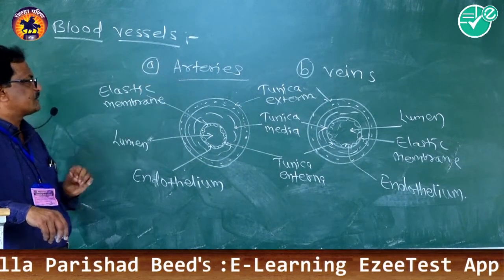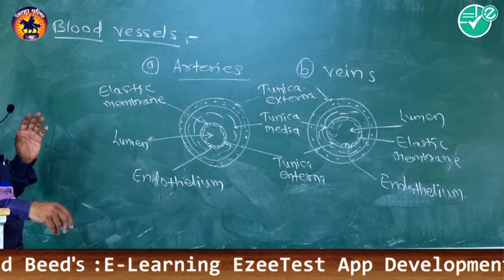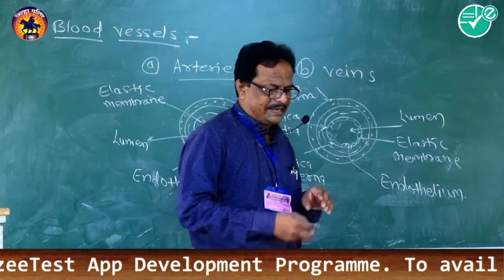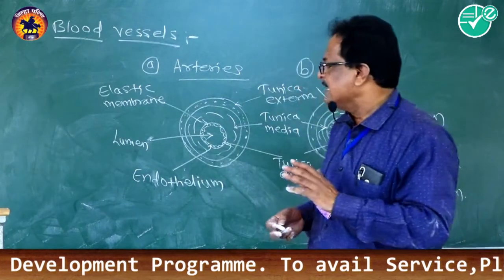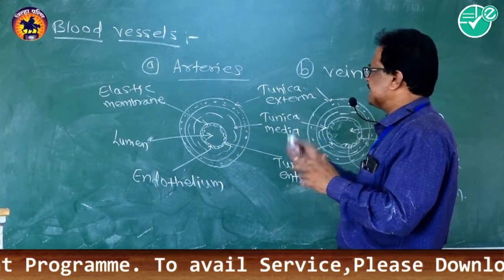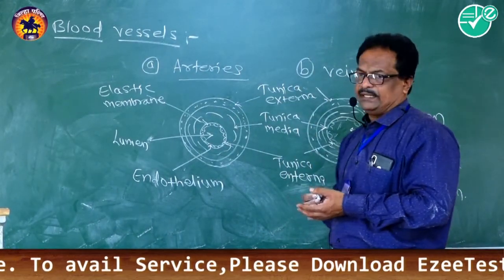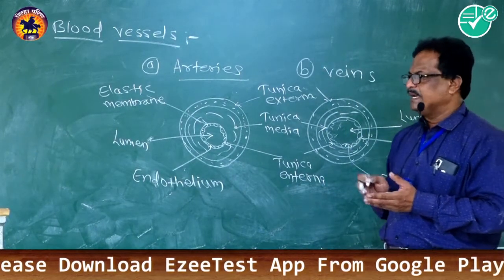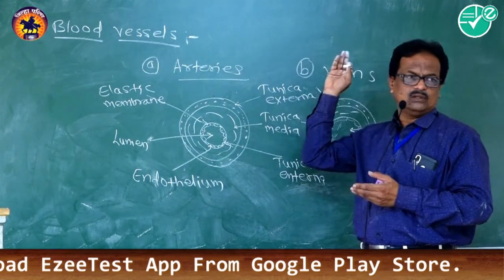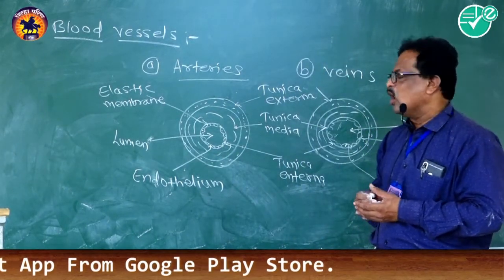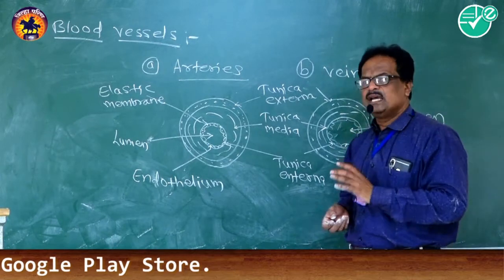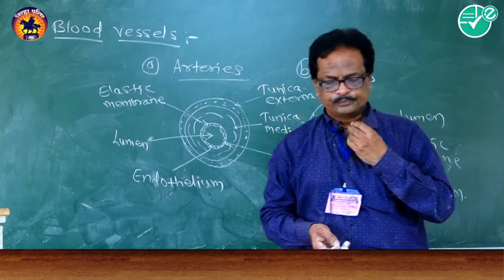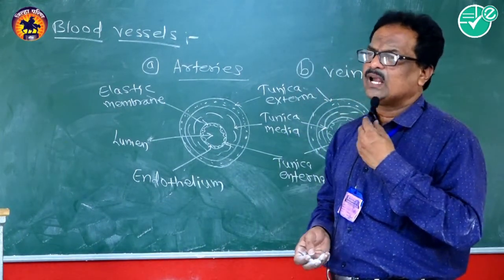We have already studied the internal structure of the human heart, and in it we said that the pulmonary artery carries the impure blood from the right ventricle to the lobes of the lungs for oxygenation, and that is the only exceptional artery which carries impure blood.